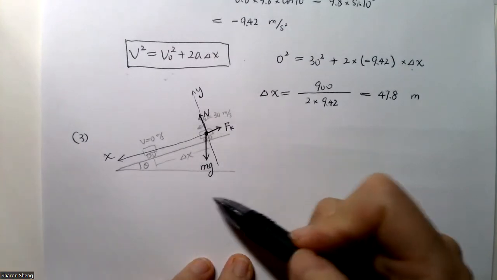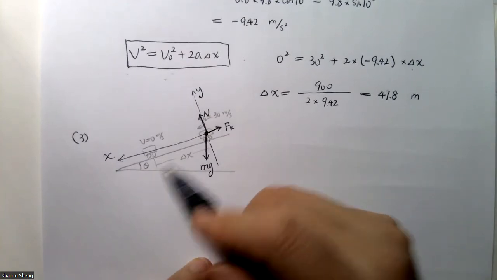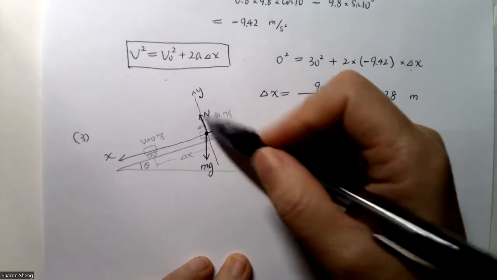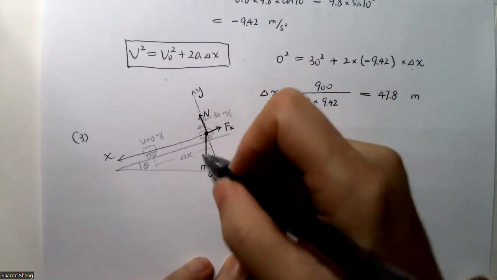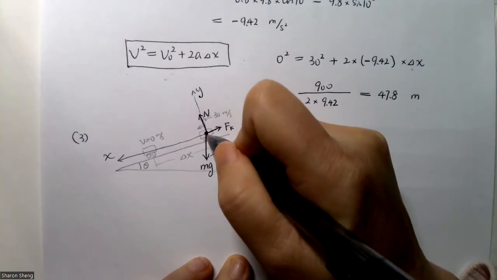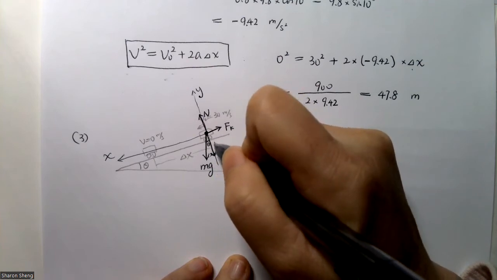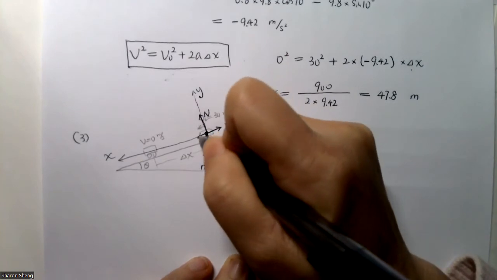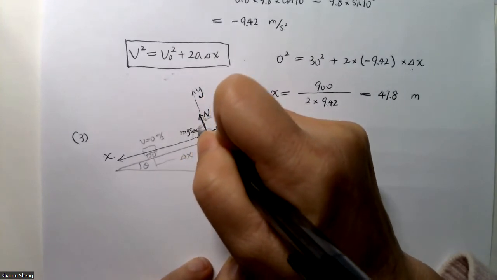Okay, what do we do now? Find the net force along x direction. And because Fk depends on N, I still need to know what the normal force is. Same thing, whenever we have this kind of problem, we always decompose the gravity. Along the y direction, with the angle theta, it is mg cosine theta. And along the x direction, I have the x component, mg times sine theta.